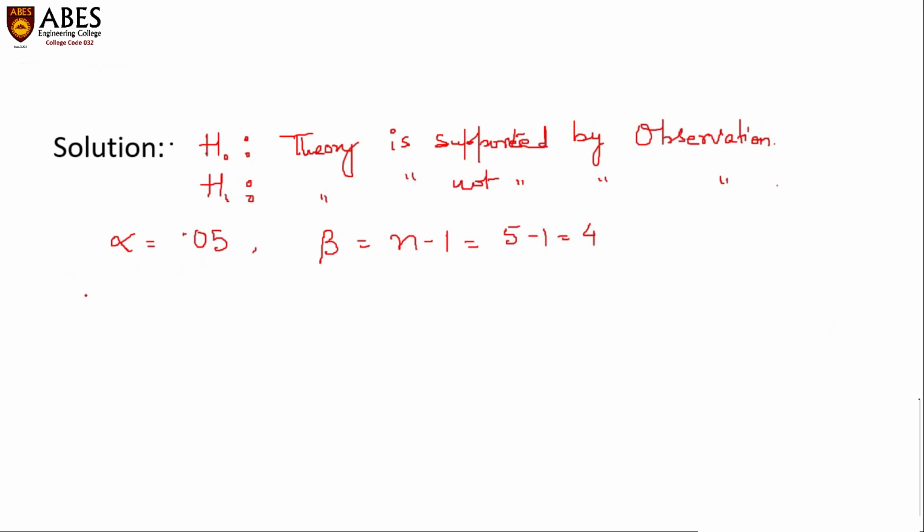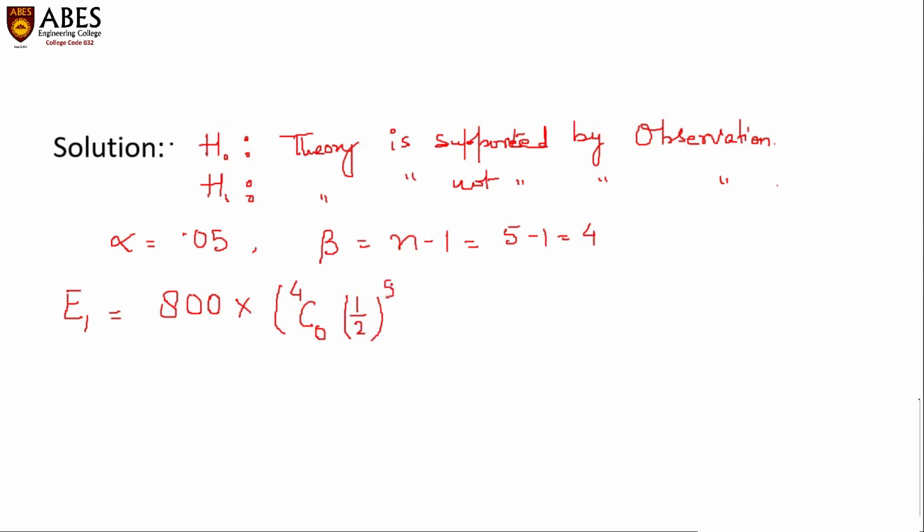Ei, expected frequency. So for the first category, expected frequency E1 is, out of 800 families, how many families are there in which out of 4, 0 children are male, where the probability of a male child and a female child are equal?